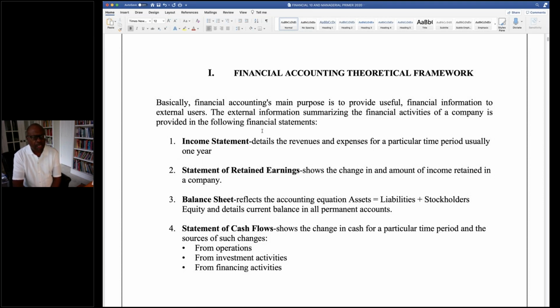But right now, we want to make sure that you're aware that at the midterm, you will need to be able to prepare an income statement, statement of retained earnings, and a balance sheet.